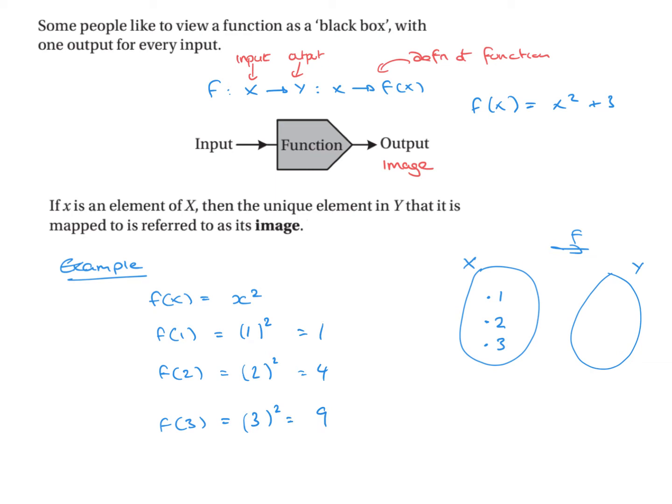So if we go to one of these mapping diagrams, which we can see over here, then we can see that 1 is going to map onto the answer of this, which is 1. So we can draw 1 in here. We're going to have 4 for the second one, and the third answer we could have is 9. And we're going to draw that 1 maps onto 1, 2 maps onto 4, and 3 maps onto 9. And that there is our mapping diagram.